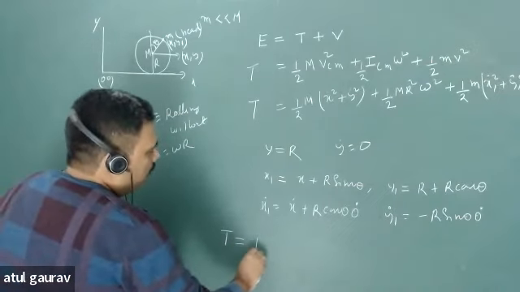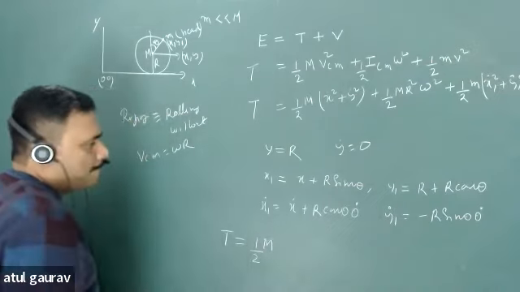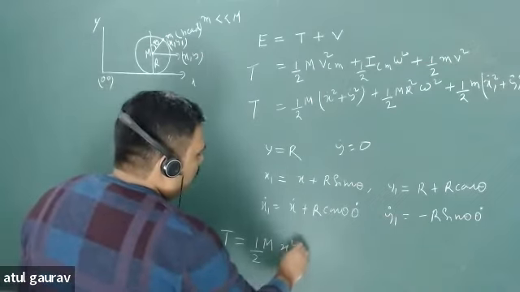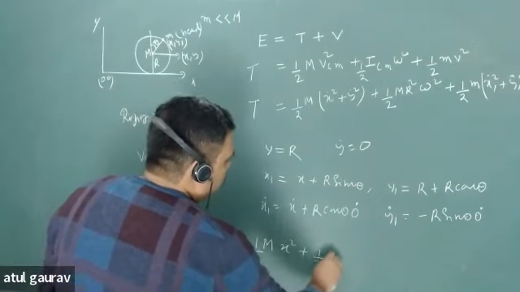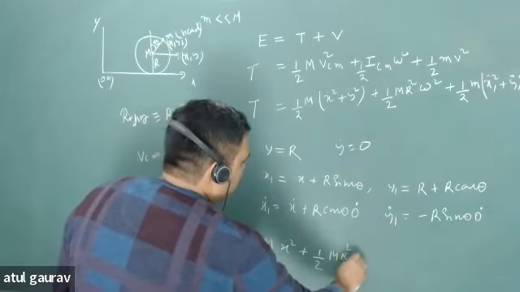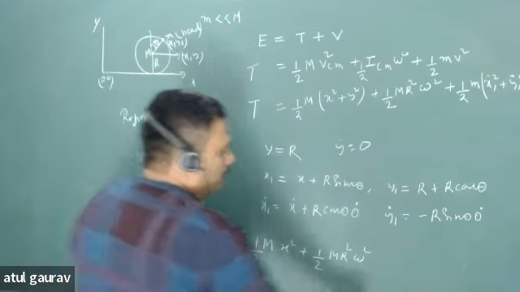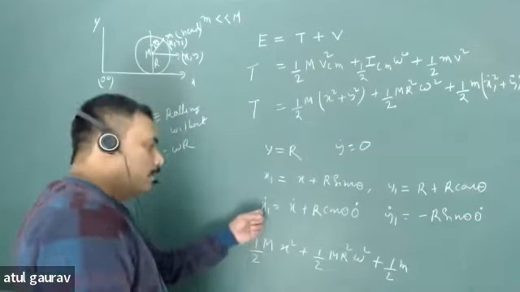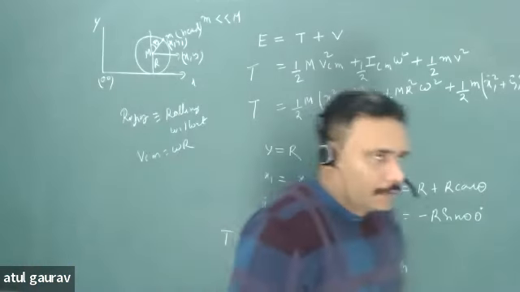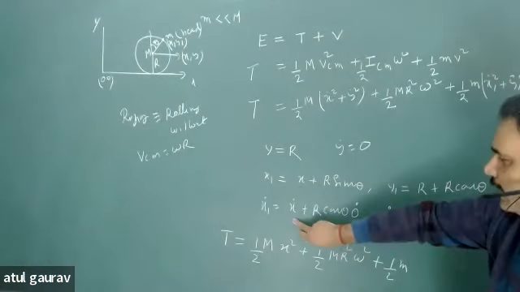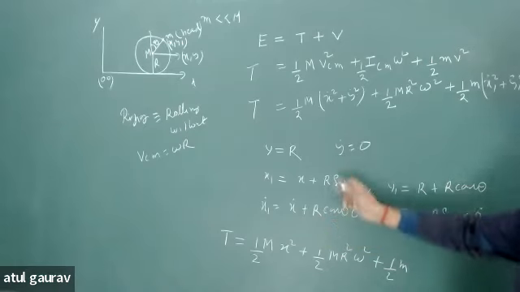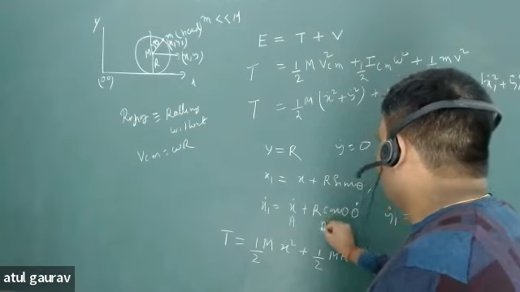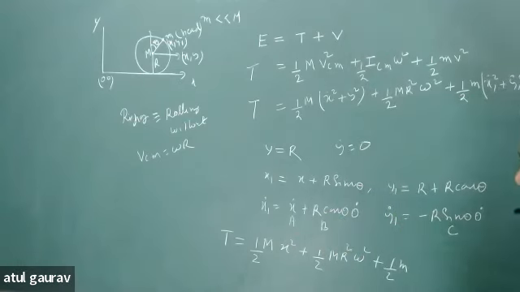So this value is half M, and this particular thing is all about x dot square. Let us leave it like this for now: half M r square omega square plus half m. We have to go for x1 dot square plus y1 dot square. So you have a square plus b square plus 2ab plus c square. You can just assume this is your a, this is your b, this is your c.